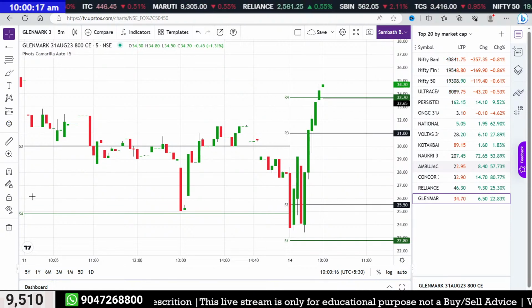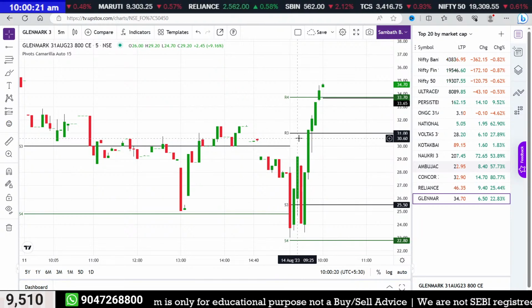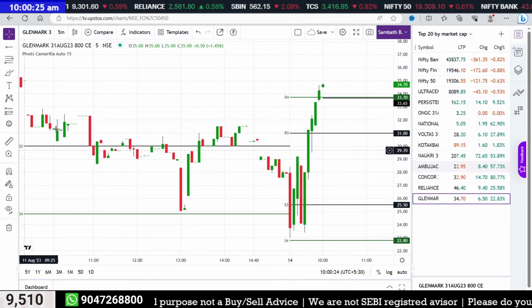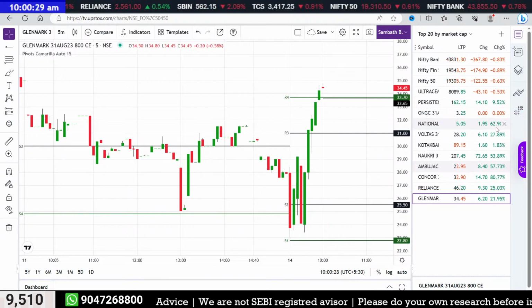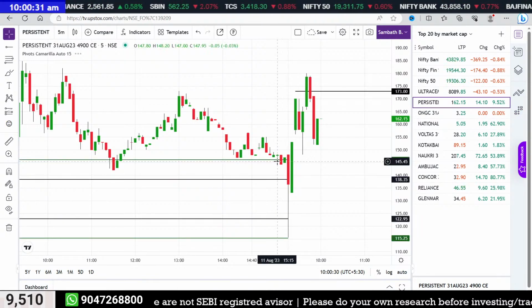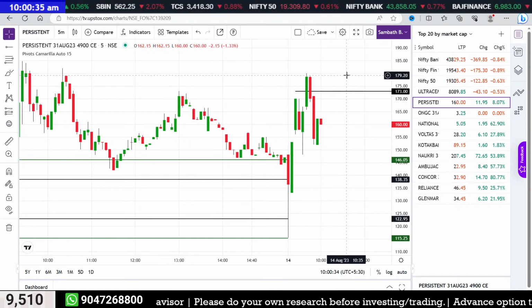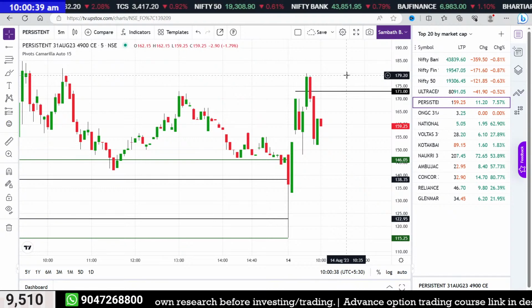Okay, so Glenmark, yes Ramesh, Glenmark is looking good. Maybe a quick scalping, so it is not a positional one. We should wait like that. Even for positions, the 173 came down, and that is positional only. Whatever trade we are looking at here, we are looking with a positional view.